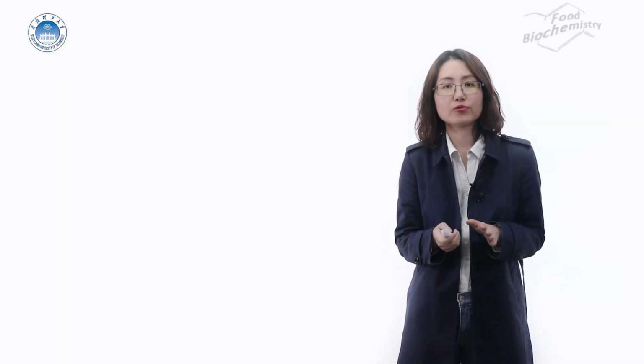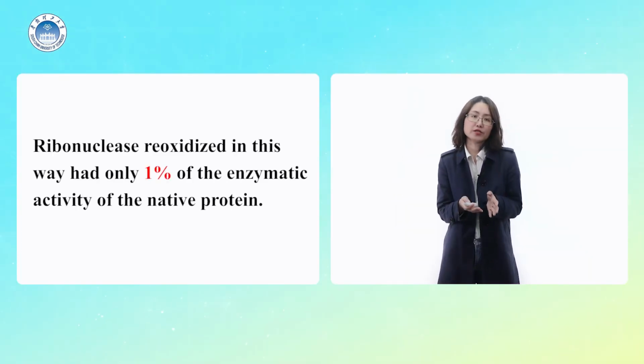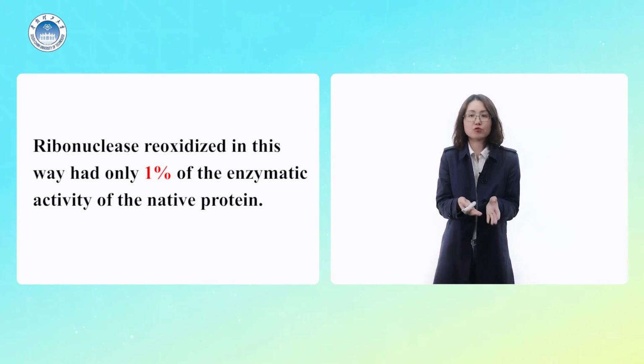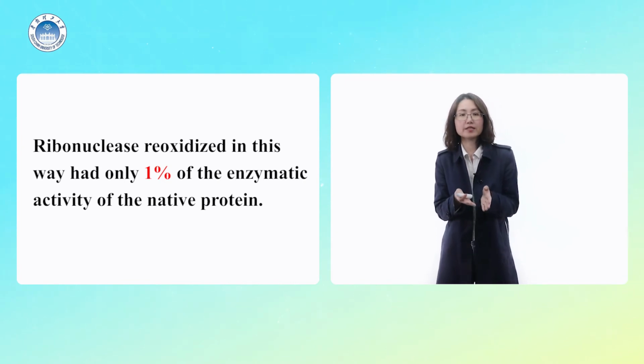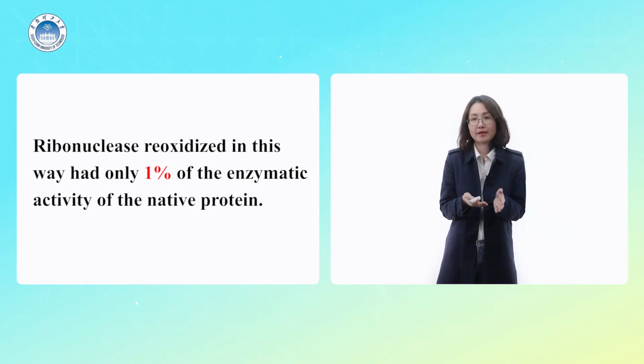denatured. A quite different result was obtained when reduced ribonuclease was reoxidized while it was still in 8 molar urea, and the preparation was then dialyzed to remove the urea. So ribonuclease reoxidized in this way had only 1% of the enzymatic activity of the native protein.